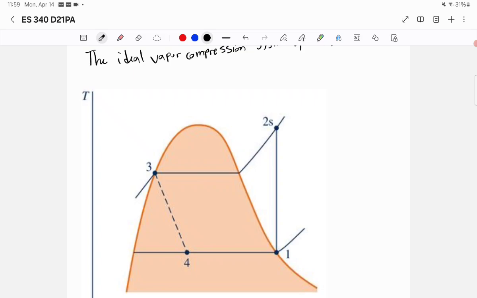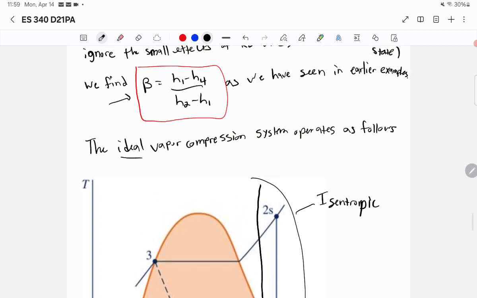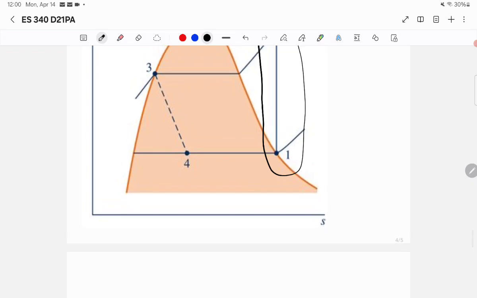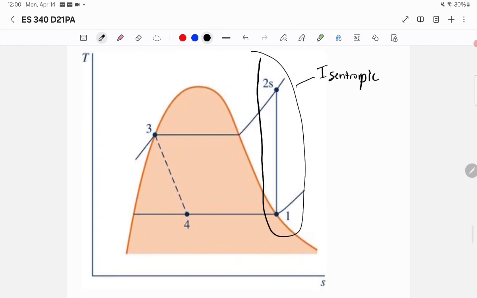Okay, so here's the idea. Notice that when we go from 1 to 2 here, this part is isentropic, right? This is the ideal case. We would do an isentropic jump from 1 to 2. And notice that here we start off in a saturated vapor, and we go to a superheated vapor, okay?